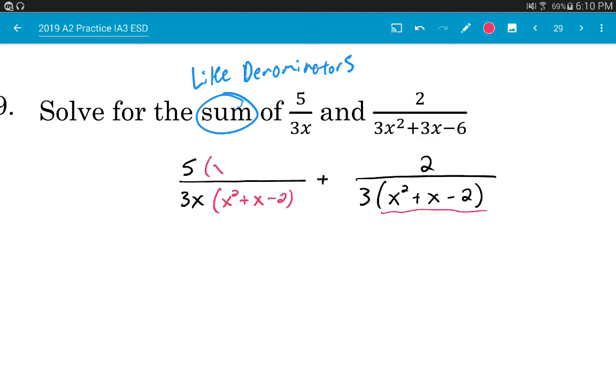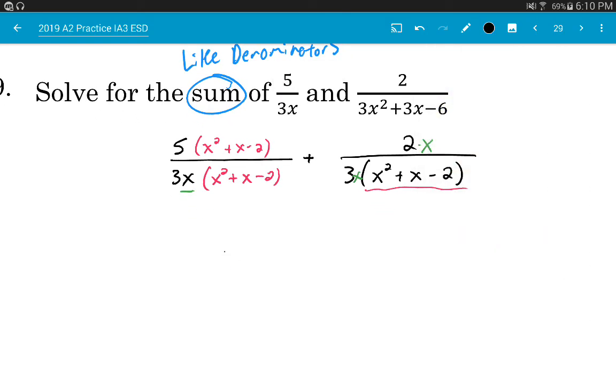And I've got to put it on top first before I go into another move. It's got to be on top and bottom. And now the right side is missing an x. So if I want to put an x there, I've also got to put an x on top. Now they have the same denominator. So now they're the same denominator, I can smush them together.